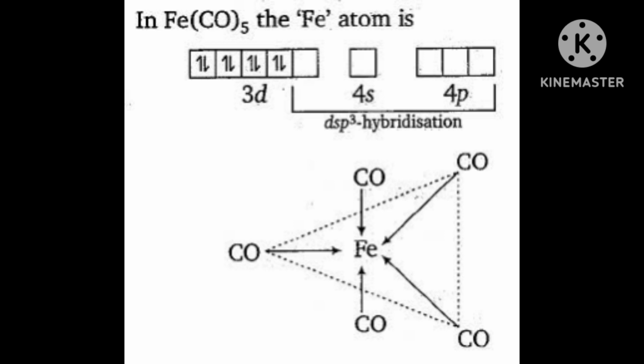For this first reaction step, what will be K1? K1 is equal to the molar concentration of Cu(NH3) divided by the molar concentration of Cu2 plus into the molar concentration of NH3.